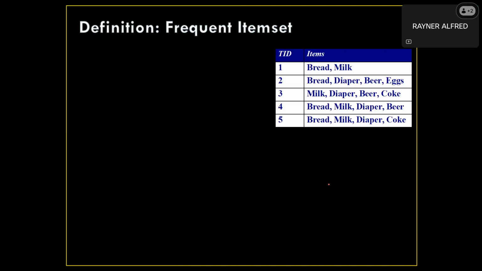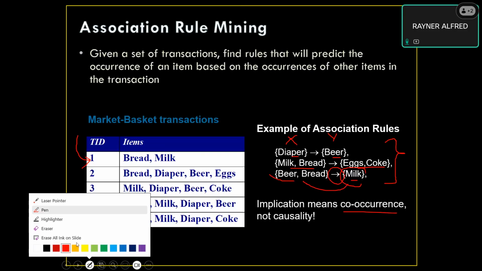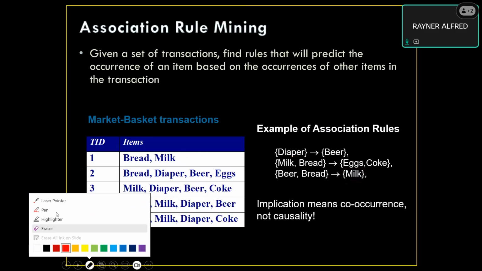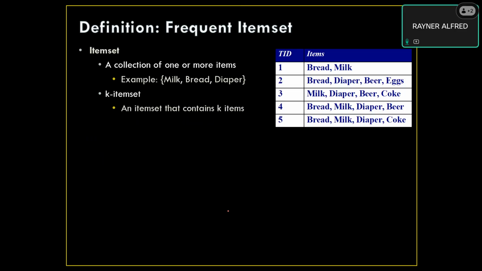When we look at rules like this, we always count the number of times they exist in the transactions. Based on the counting, we consider which ones occur together with high frequency. So for example, we define an item set as a collection of one or more items.